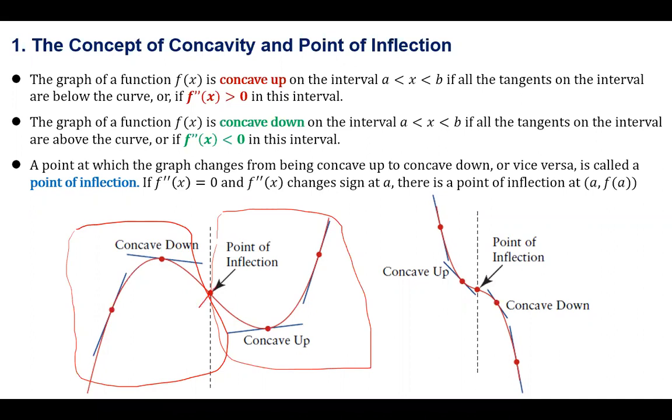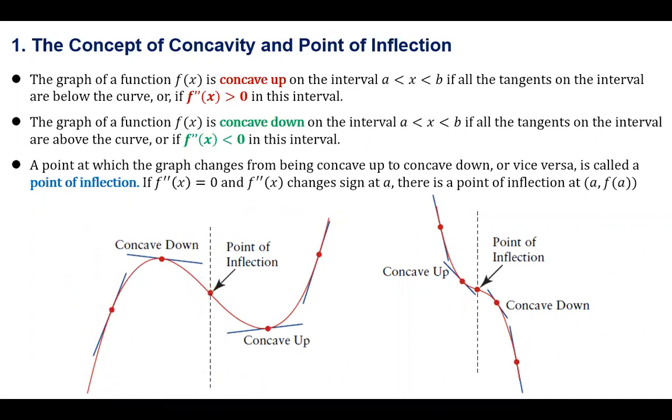And at this point, the curve changes from concave down to concave up. Therefore, this point is called a point of inflection. There is another example shown here on the right.